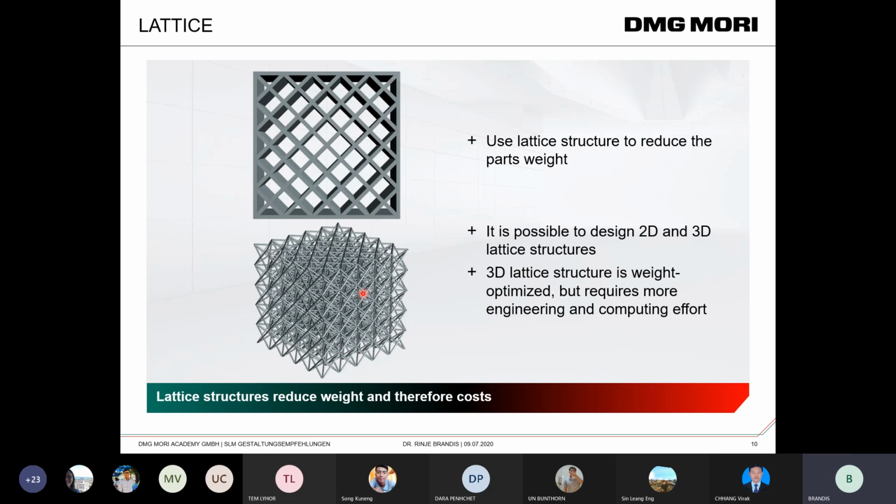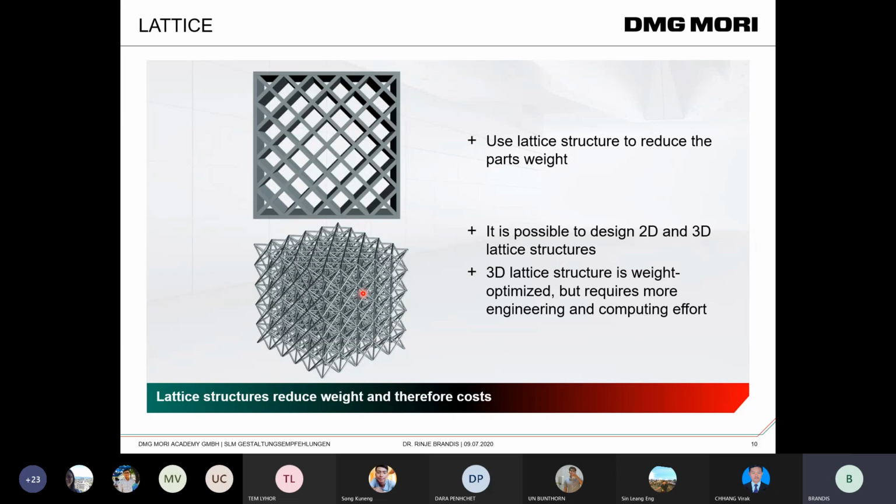One slide on lattice structures. It's possible to integrate lattice structures in parts to remove massive material with the goal, on the one hand, to reduce the part's weight. It's nice for the use of the part later on, but at the end, it's an economical goal. So if you reduce the part's weight, remember the slides on production costs or the costs per piece.